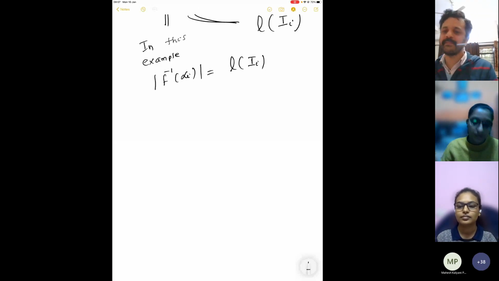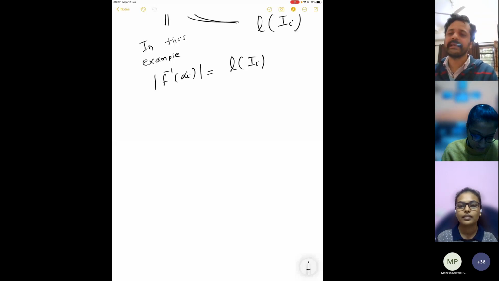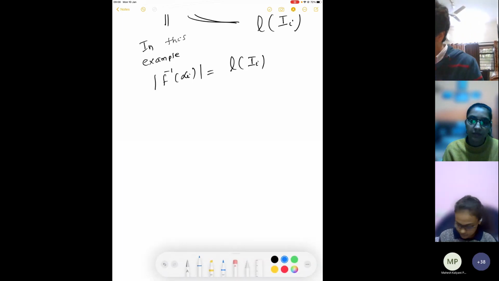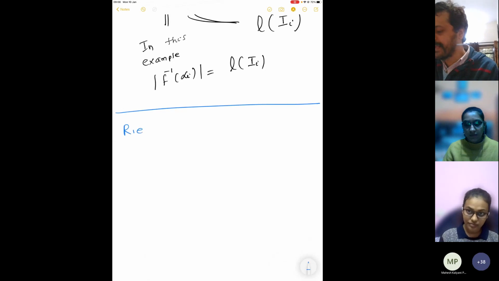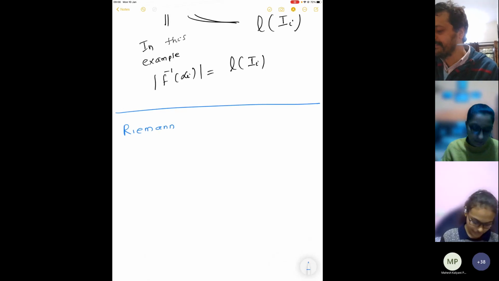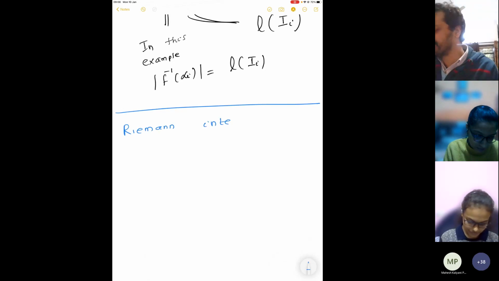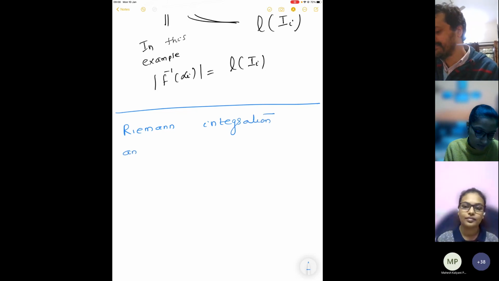So before Lebesgue measure, I have again things to do, that is Riemann integration and its deficiencies. Okay. So the next target is this: Riemann integration and some of its deficiencies.